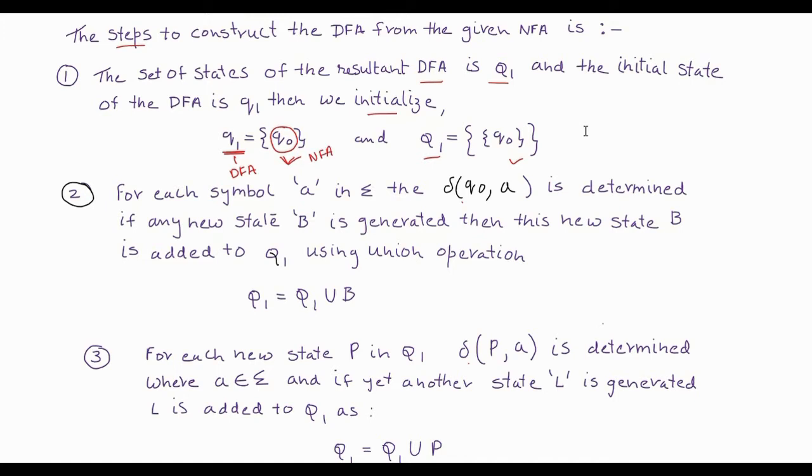And what is Q1? Q1 is nothing but all the possible states of the DFA. Now, initially we will not know what the different states of the DFA are. It could be a subset of any possible combination of states of the NFA. But one thing is very clear: if we don't know about any other states, we will surely know about one state.